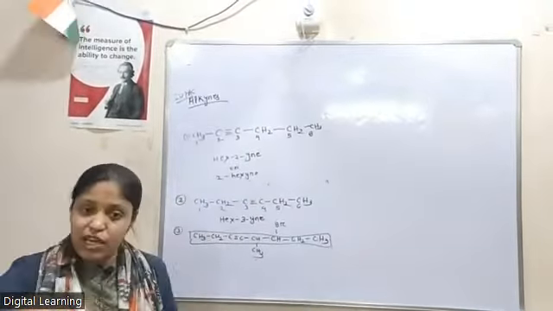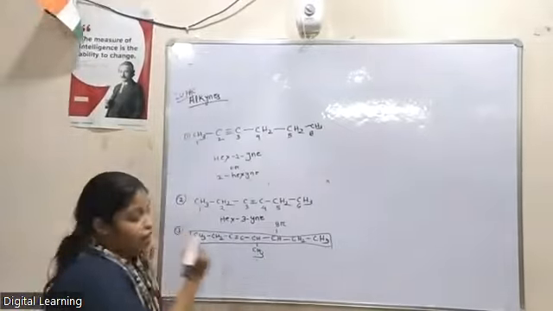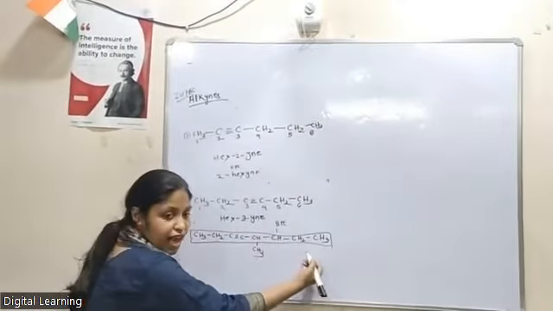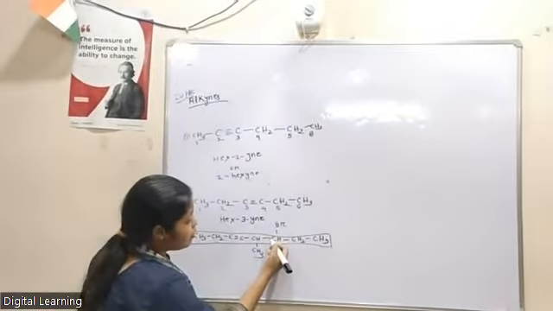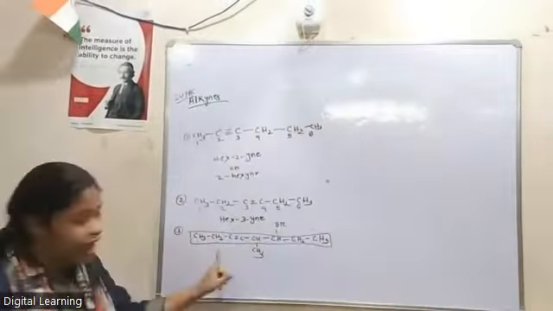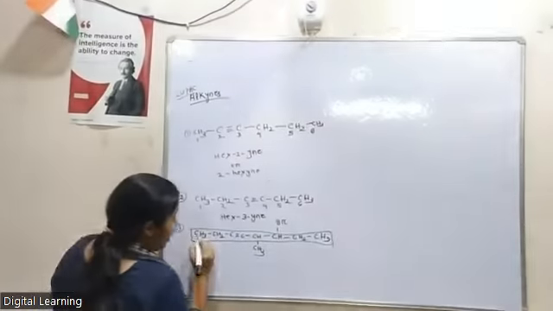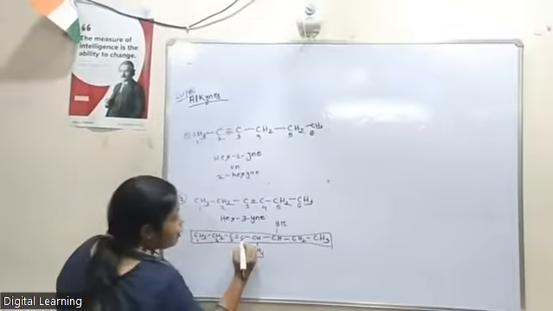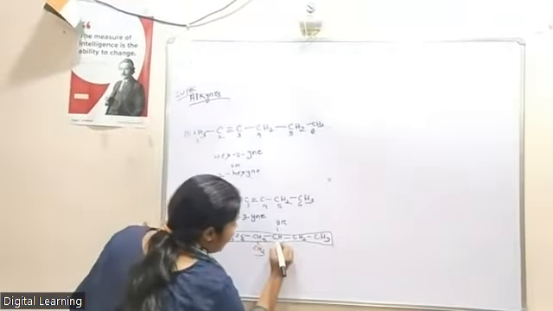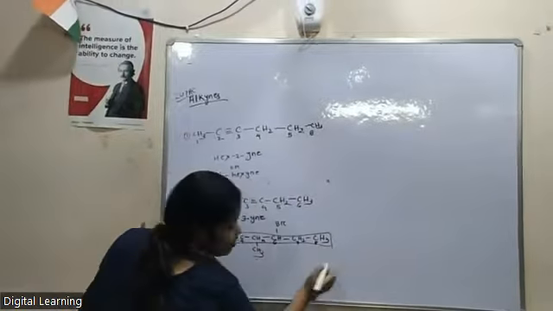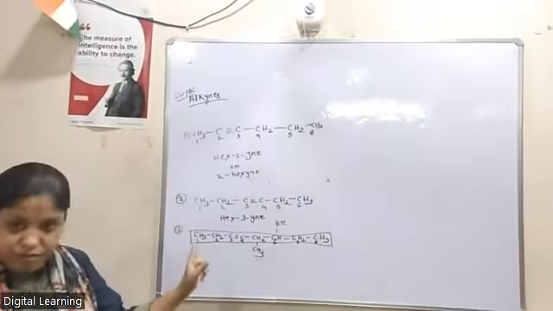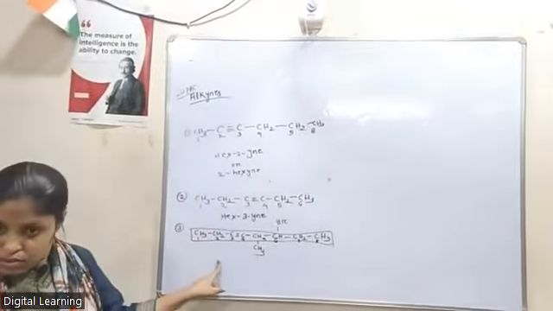If we count from this side, that is 1 2 3. If you count from this side, then 1 2 3 4 5. So from this side, 1 2 3 4 5 6 7 8. Okay, this is the numbering.